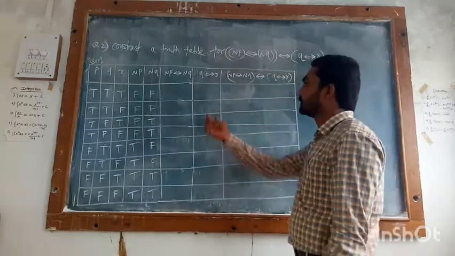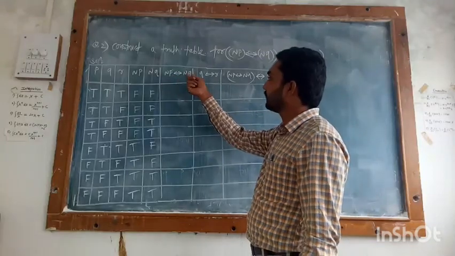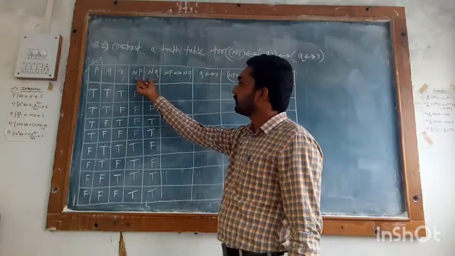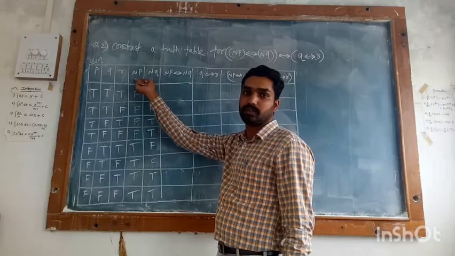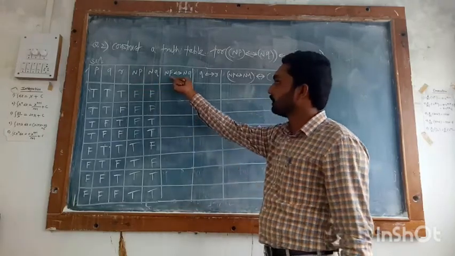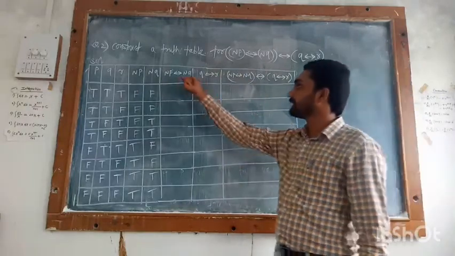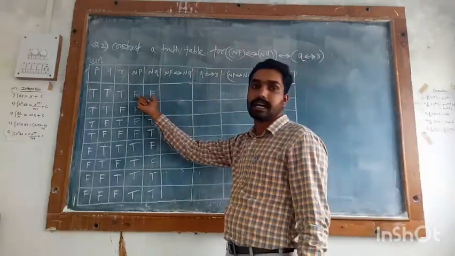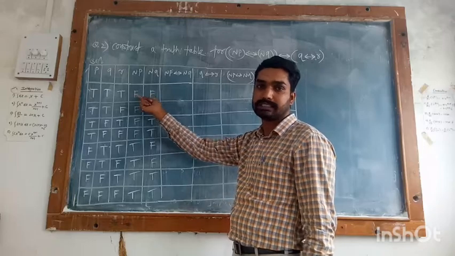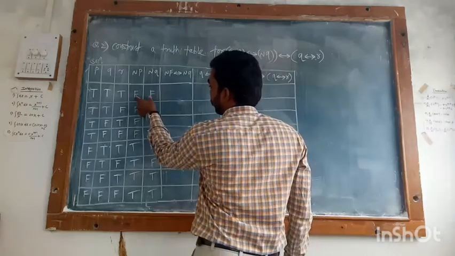So your next column is negation P if and only if negation Q. That means you have to take both of those columns for the if and only if. A biconditional statement says that if both values are identical, that is both values are the same, then the result is T. So you only have to check whether both values are the same.